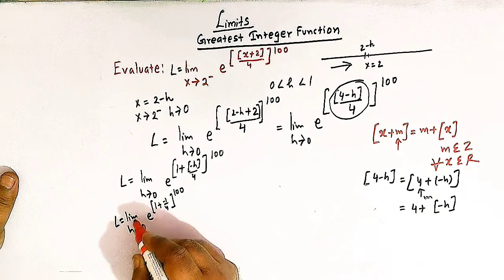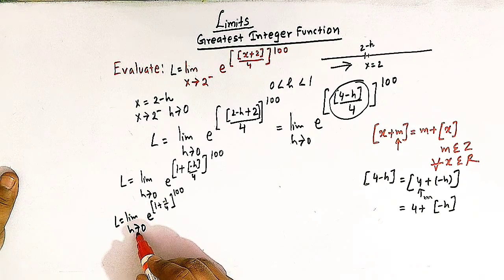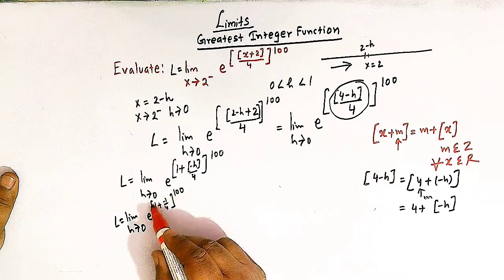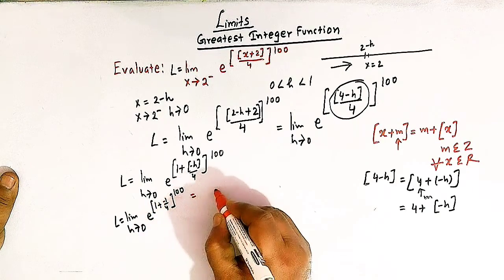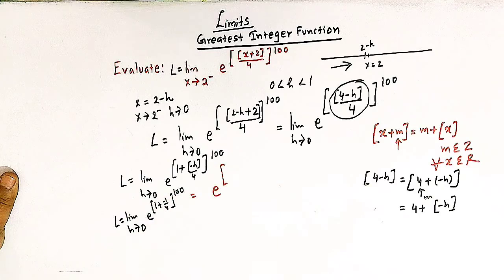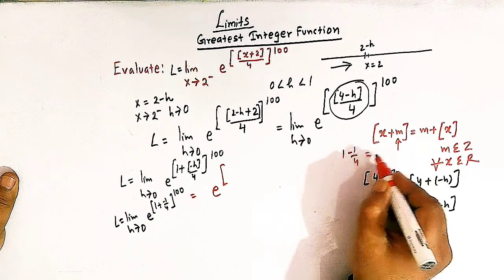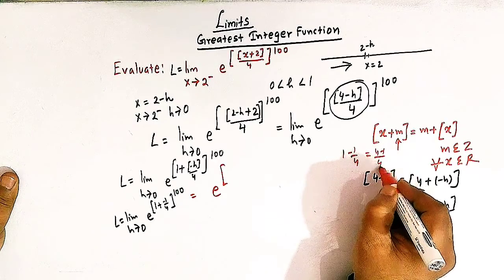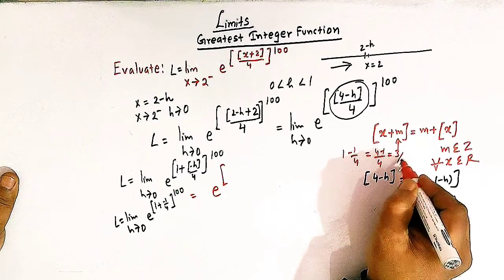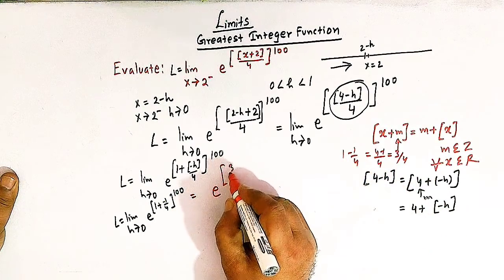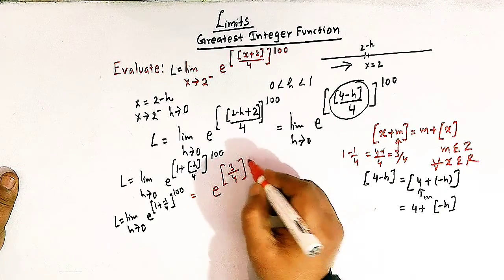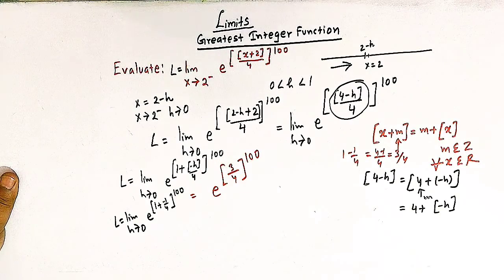Now we can remove this limit notation because here we do not have h. So we can write simply e raised to greatest integer of 1 minus 1 over 4. So this is 4 minus 1 by 4, that is 3 over 4, so we have greatest integer of 3 over 4 raised to 100.